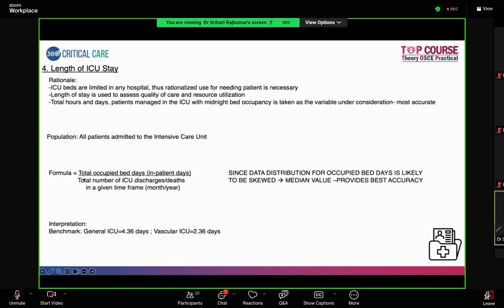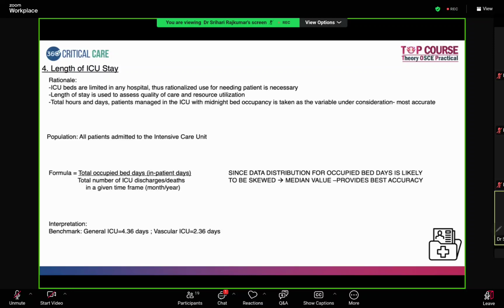For the formula, they say the total occupied bed days is the number of beds occupied, calculated for that whole month. If there are 10 patients on a particular day, on another day 14 patients, on another day 12 patients, usually the mean is calculated and that is multiplied by 30 or 31 days.